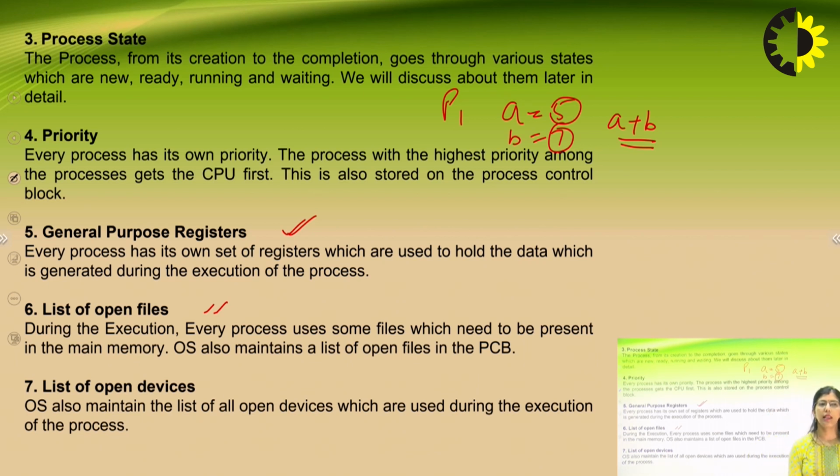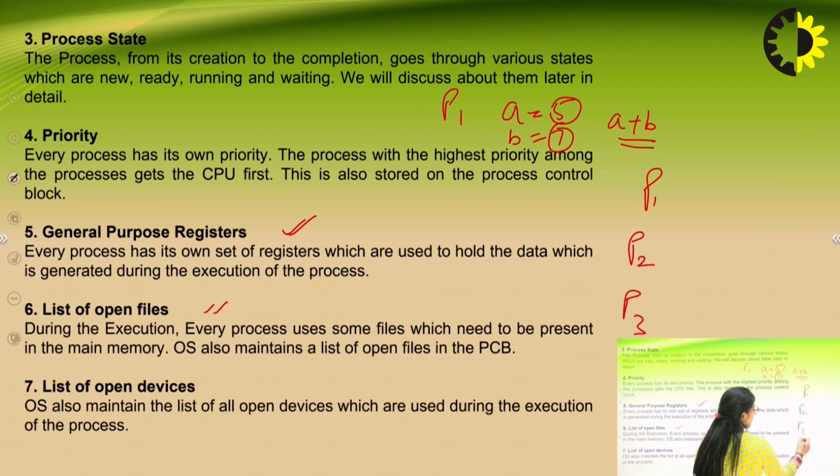Next one is the list of open devices. Similar to the open files, the list of open devices contains the list of all the devices which are used during the execution of the particular process. All these 7 attributes are stored in the PCB of a process. Let's say we have multiple processes P1, P2, P3 and so on.